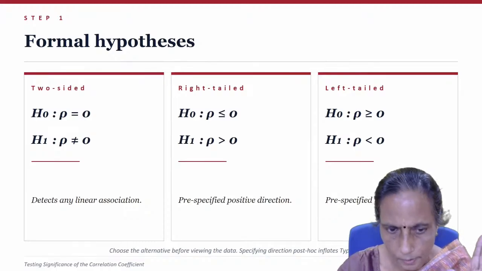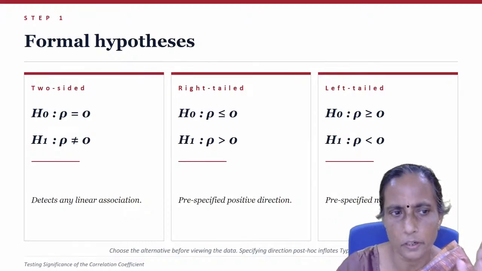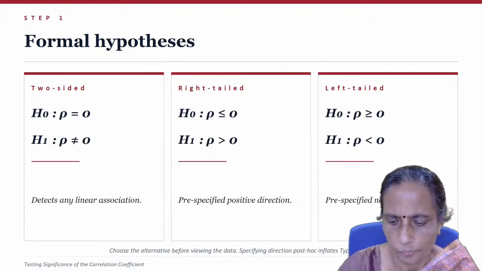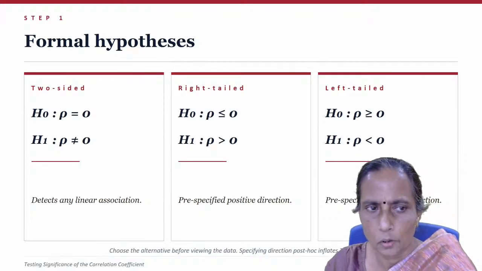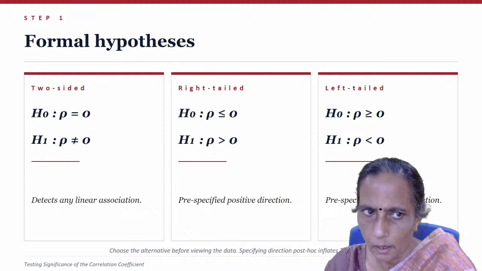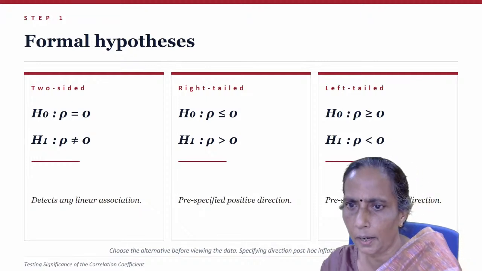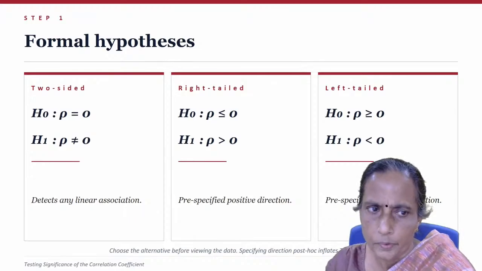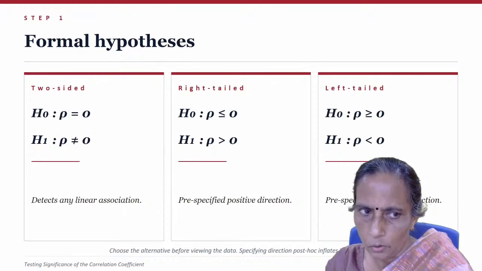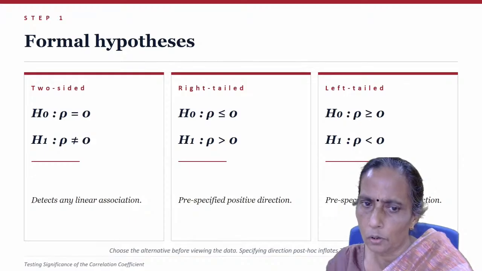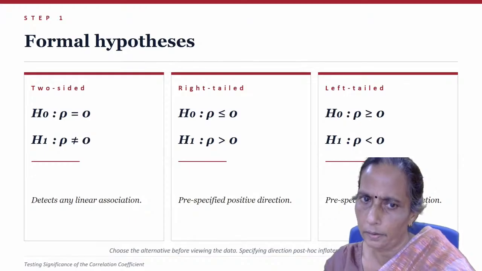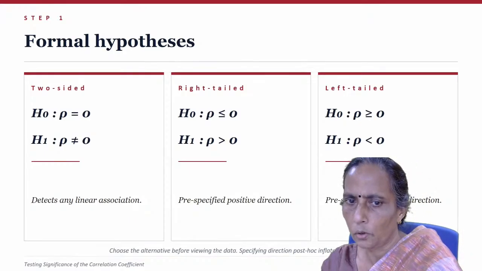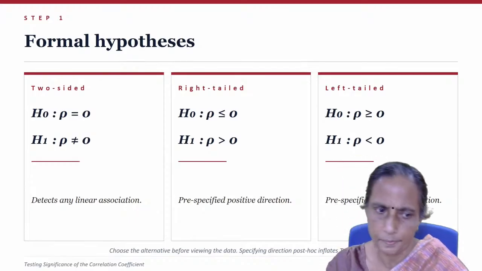Okay, formal hypotheses are like this. These things we have discussed in our previous sessions. This is the two-sided null hypothesis, right-tailed hypothesis and left-tailed hypothesis. H0: rho is equal to 0, H1: rho not equal to 0, it is a two-sided hypothesis, and rho positive and rho negative.